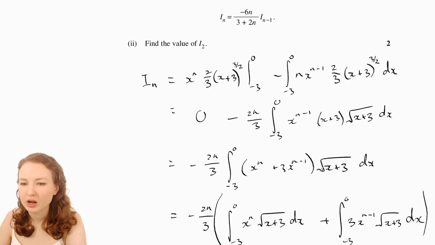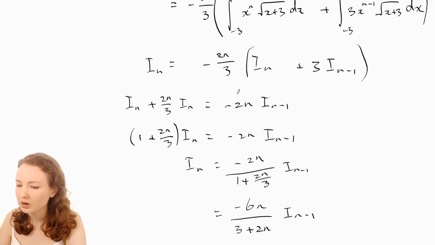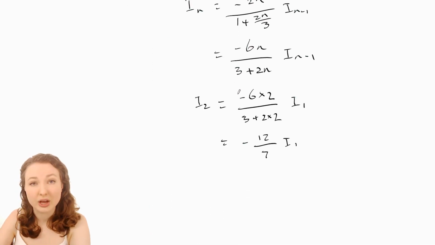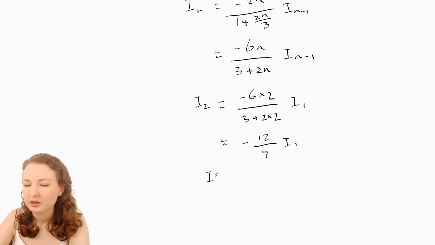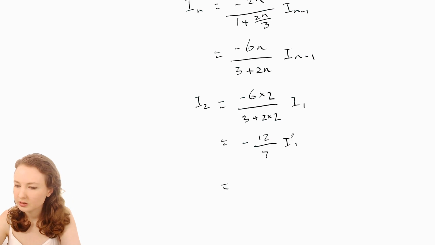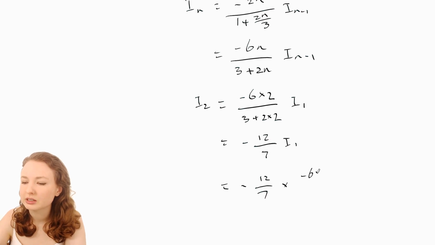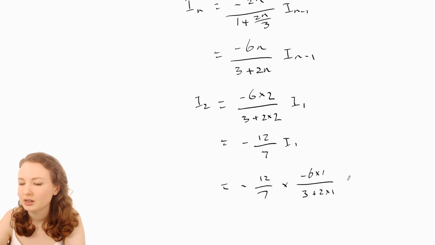Now, can we work out I1 yet from that? Still a bit weird, x times root x plus 3. Why don't we go down to I0? So we could use that formula again and say I1, actually let's just replace it there, 12 on 7, times I1, which is negative 6 times 1 over 3 plus 2 times 1 times I0.